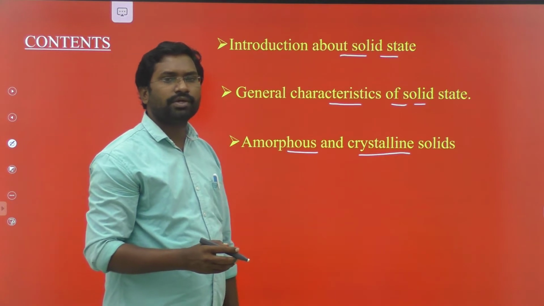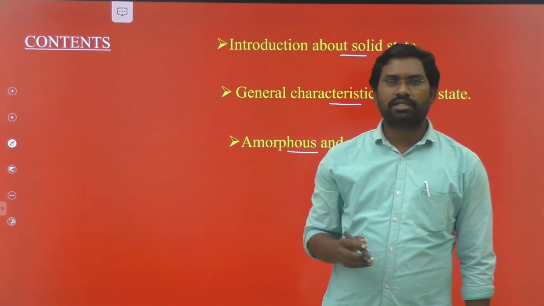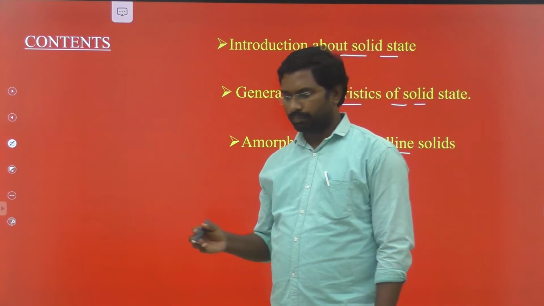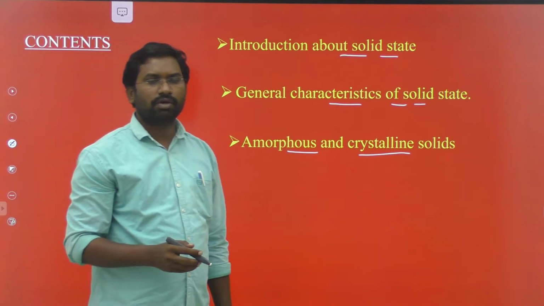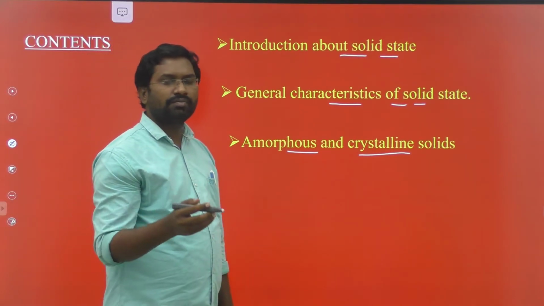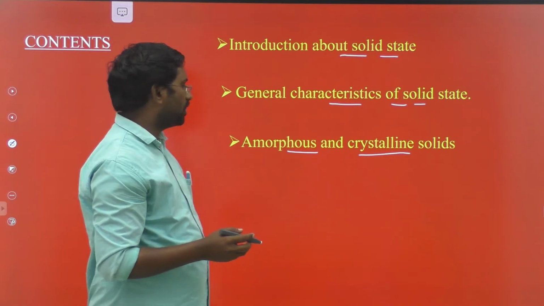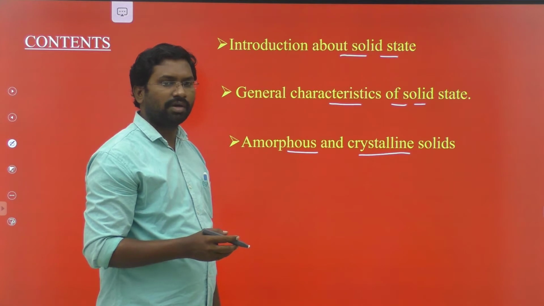Solids can be classified into two main categories: crystalline solids and amorphous solids. How can we define whether a given solid is in crystal form or amorphous form? It depends on the arrangement of the particles present in the solid.